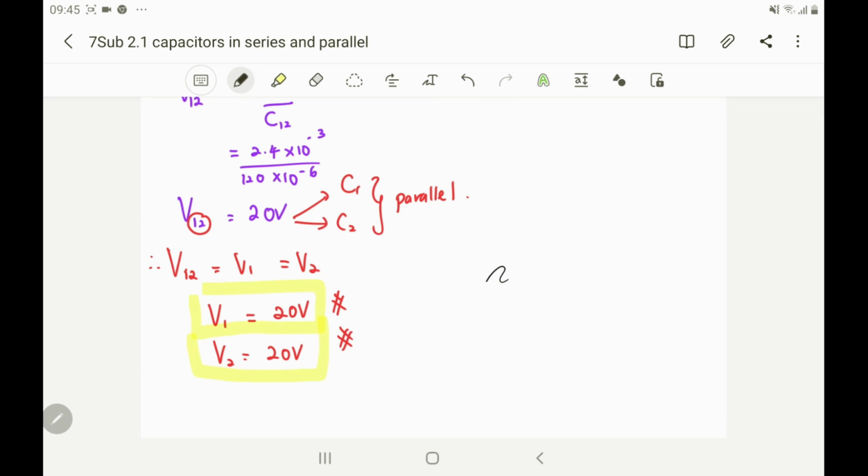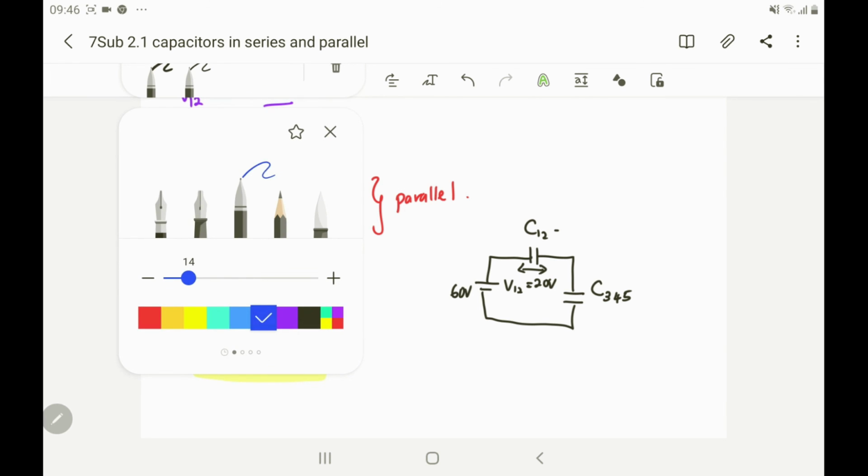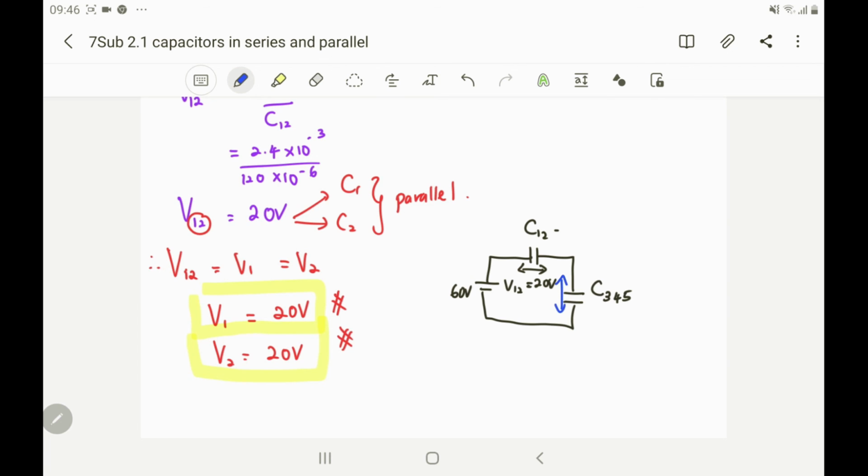Okay, remember the combination. So here we have C12 and this is C345. Okay, so if here is 60 volt and the voltage across V12 here is 20 volt. And how about V across 345? Okay, so V across 345 kita boleh kira lah.